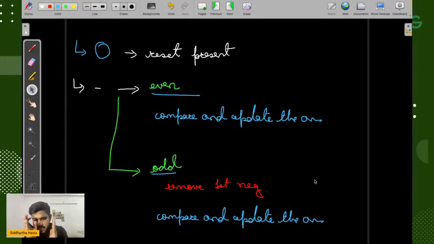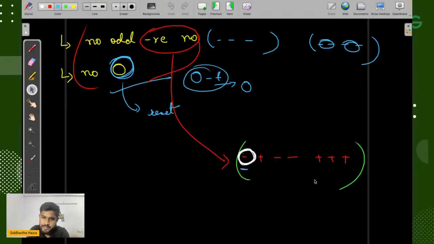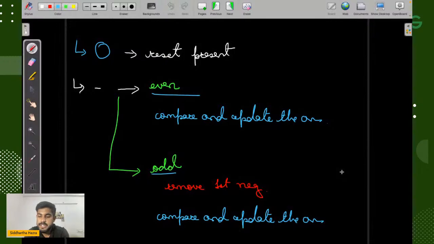Now this is very simple. If it is 0, we know it would disrupt the whole answer. If it is negative and odd, remove the first negative because this was the most beneficial. If we remove this part, then the remaining would be the maximum. So remove the first negative and then compare and update the answer.